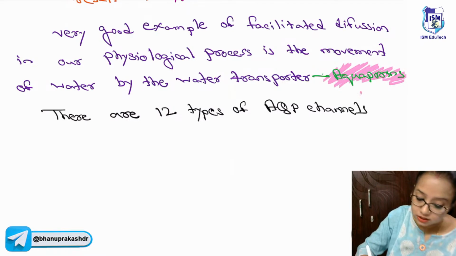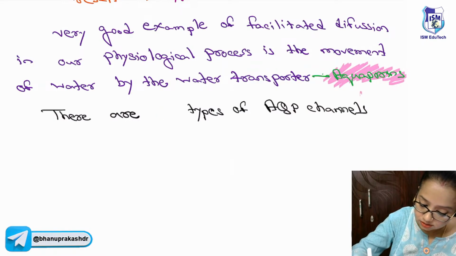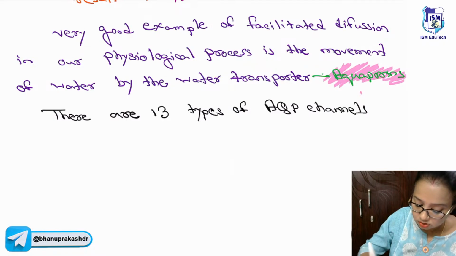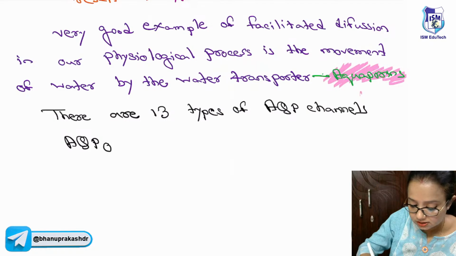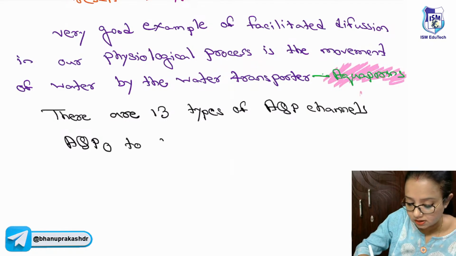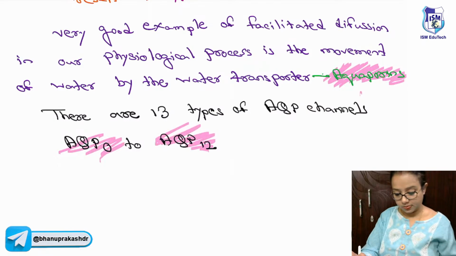Okay, rather 13 because it starts from 0. It is 13, not 12. So it is aquaporin channel 0 all the way to aquaporin channel 12. So total, how many are there? Total 13, 0 to 12. Okay.